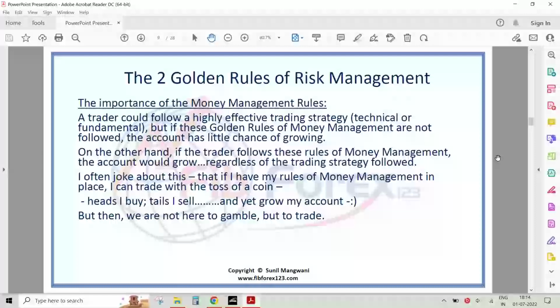On the other hand, if you just follow these rules of risk management, any kind of system you would follow actually takes a secondary priority. Your account would still grow. And I often joke about this, like I say, that if I have my rules of risk management in place, I can trade with the toss of a coin. No, heads I buy, tails I sell, and yet my account can grow. But then we are not here to do that, right? We are not here to gamble, we are here to trade.